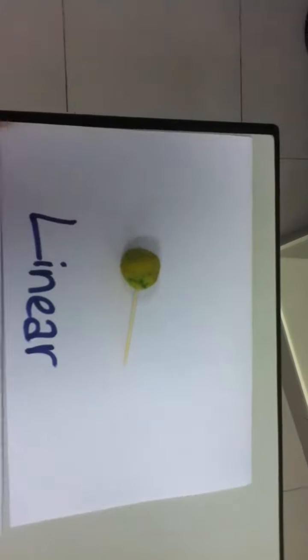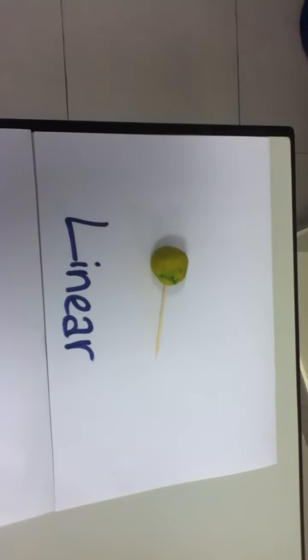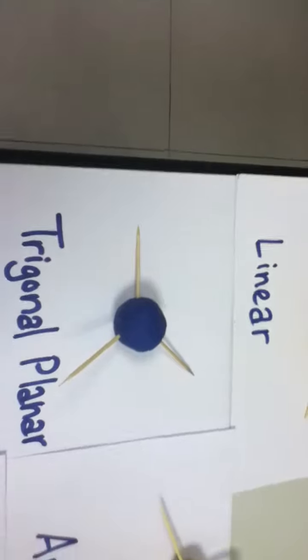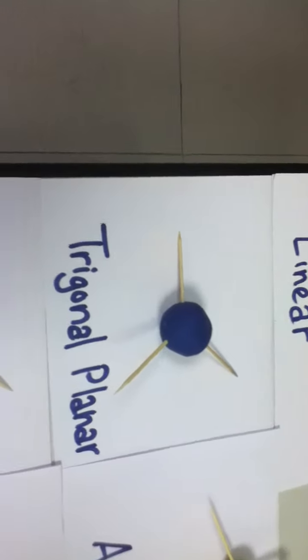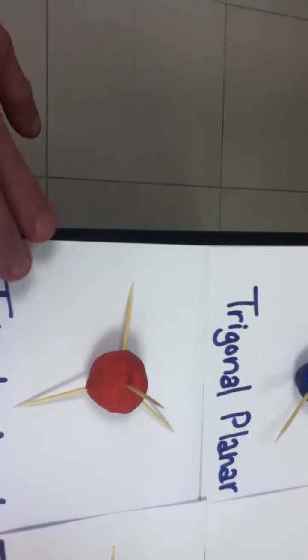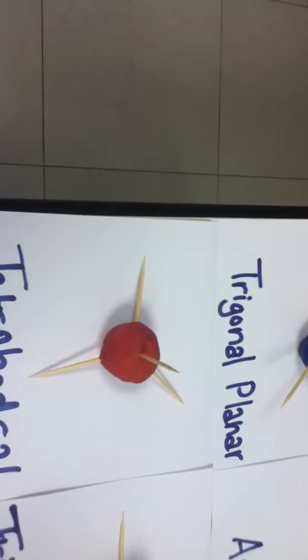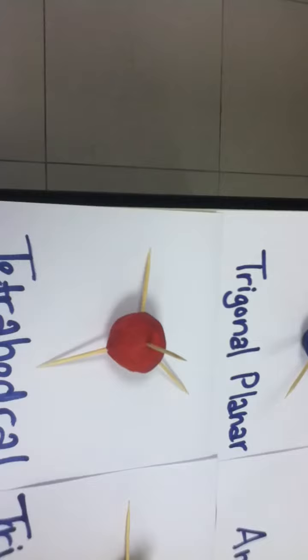There are 6 regular geometries. Linear, that's 3 atoms. Trigonal planar, 4 atoms. Tetrahedral, meaning 4 bonds and a central atom, that's 5 atoms.